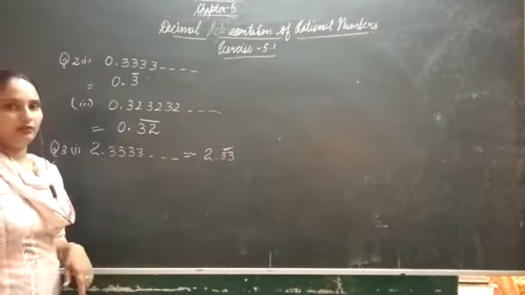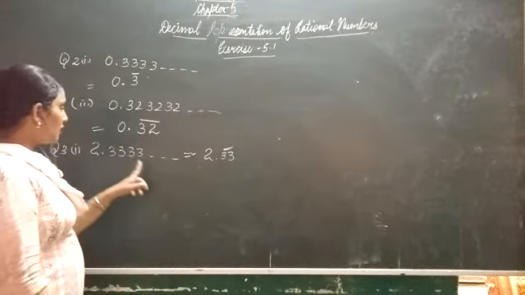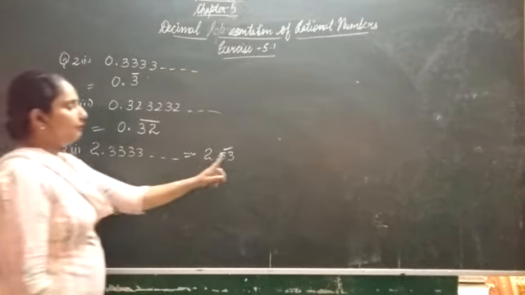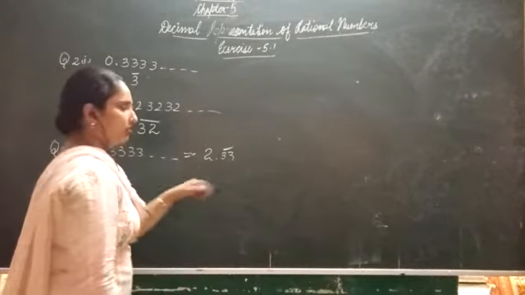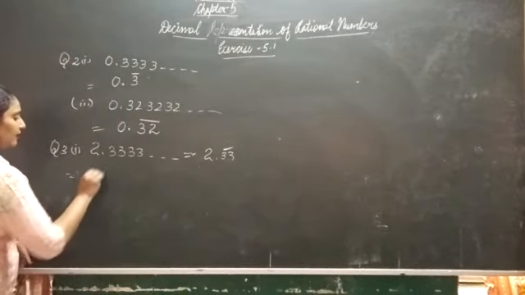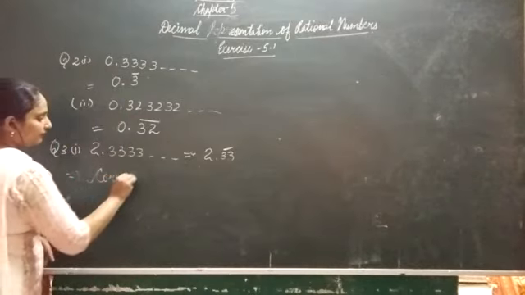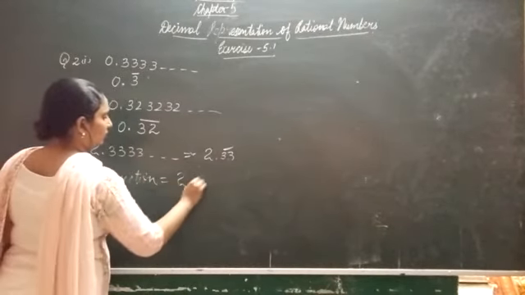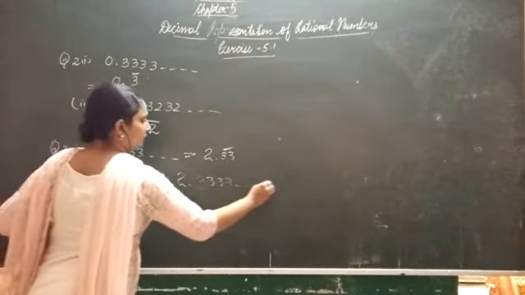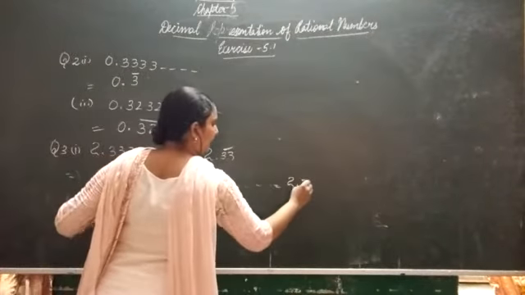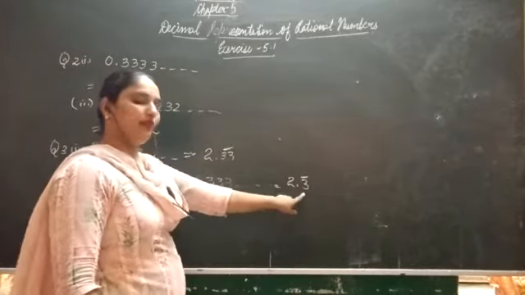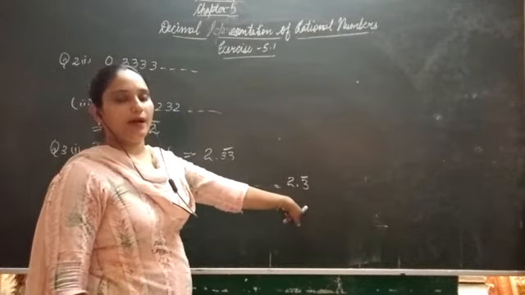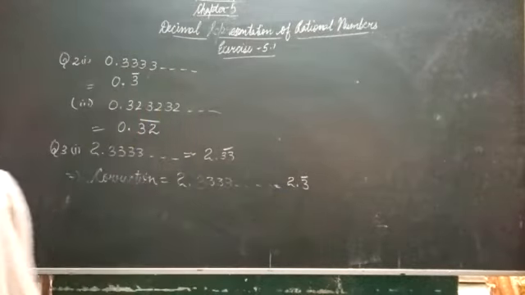Now this is incorrect. Why? Because only 3 is repeated and they have put the bar on 33. So this is wrong. The correction is that this must be equal to 2.3 bar. Because only 3 is repeated, we will put the bar on 3.